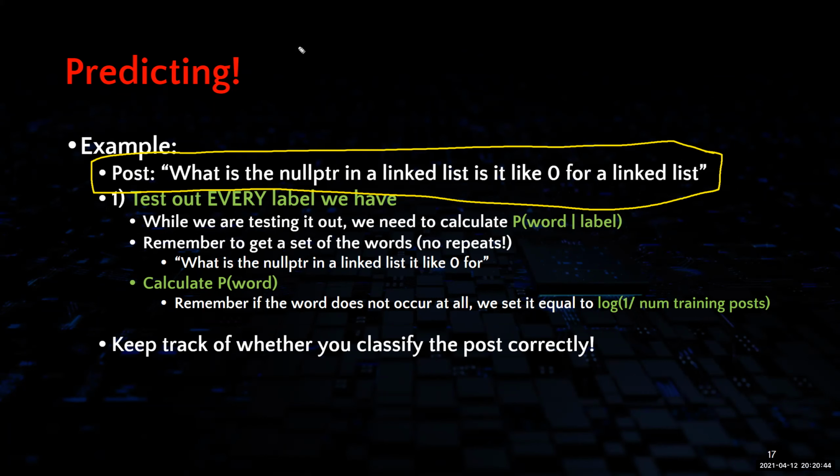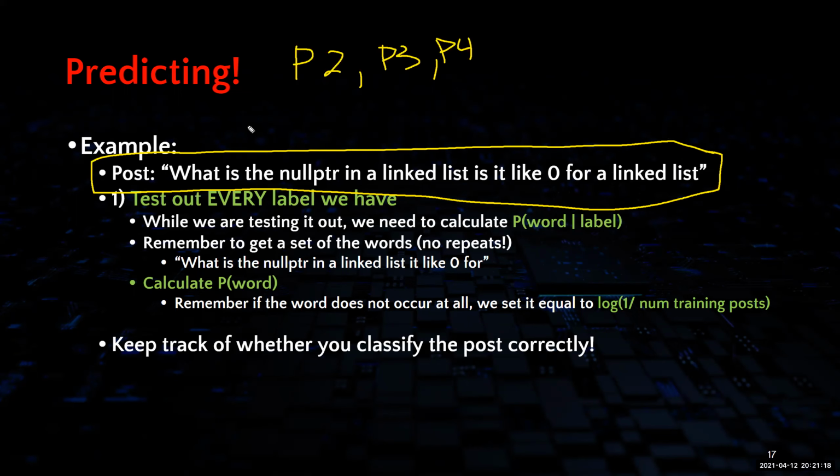Again, we have labels. Let's say in this example, our label map has 3 labels: P2, P3, and P4. What we would do is calculate the log score of P2, right? And to do that, we'd first have to figure out, okay, what's the log likelihood that P2 is a label? We go ahead and calculate that. After we do that, we want to calculate the probability of the word what given P2 and the probability of what in general, like how many times does the word what occur in all of our posts.